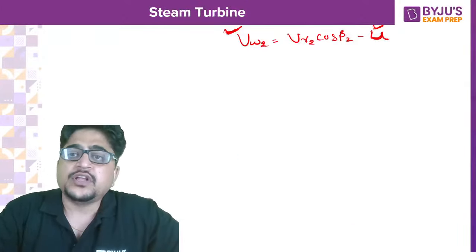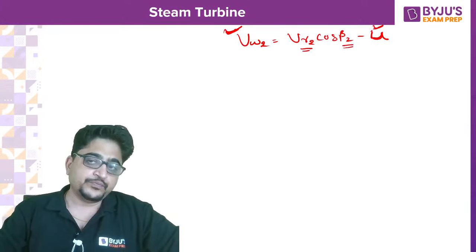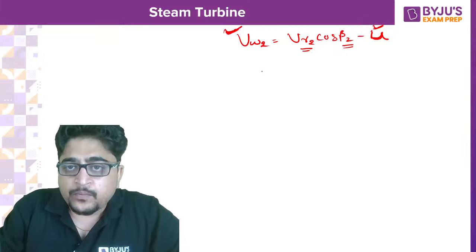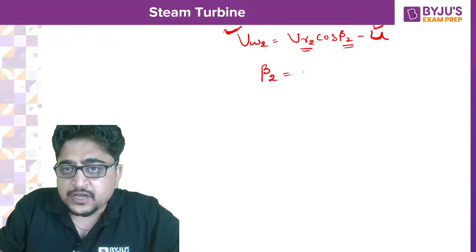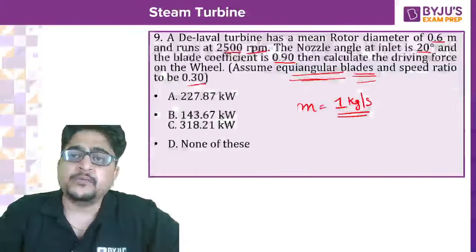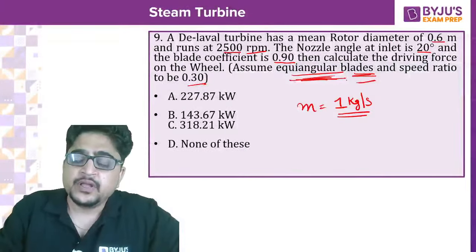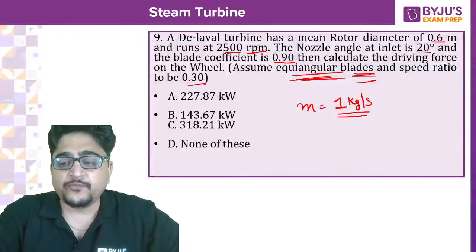I don't know the value of VR2. I don't know the value of beta 2. But beta 2 is equal to beta 1, because here it is given blades are equiangular.